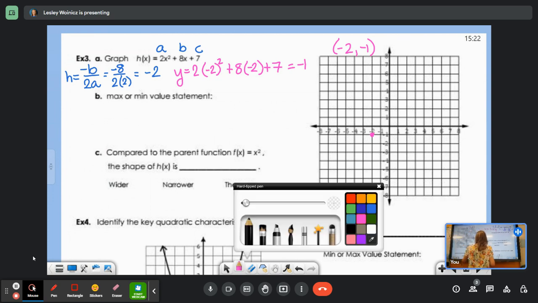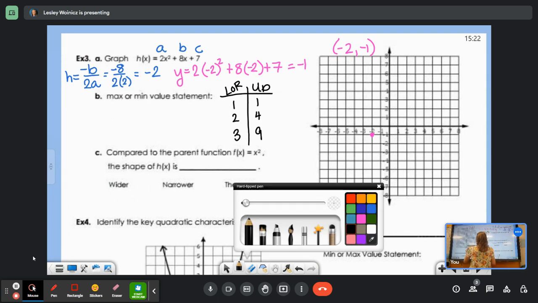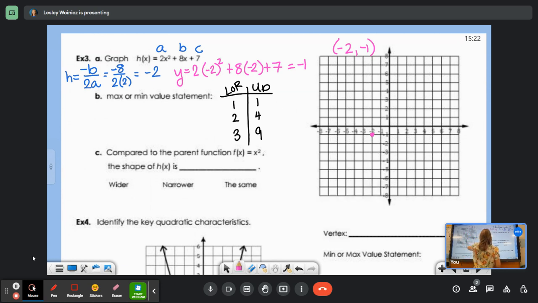Okay, let's use our little pattern. We go left or right, then we go up 1, 1, 2, 4, 3, 9. What's our A value?